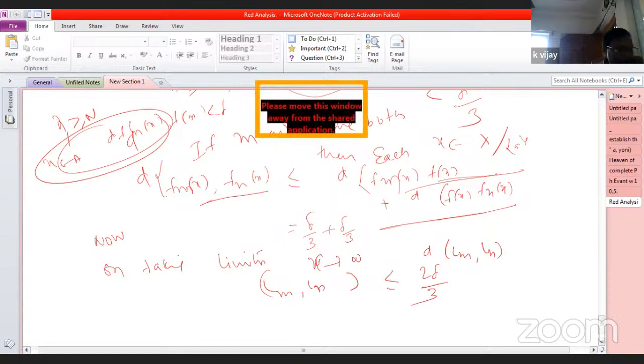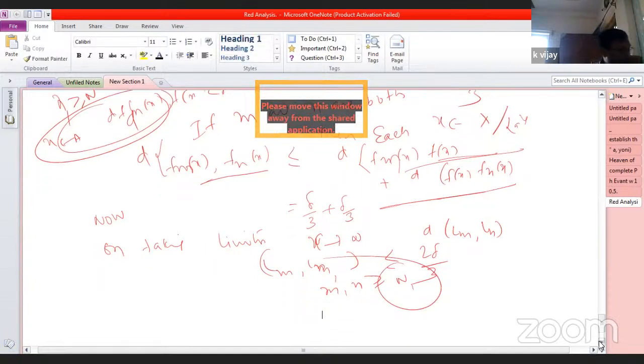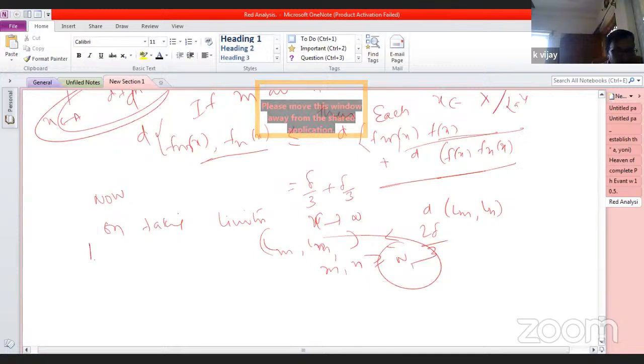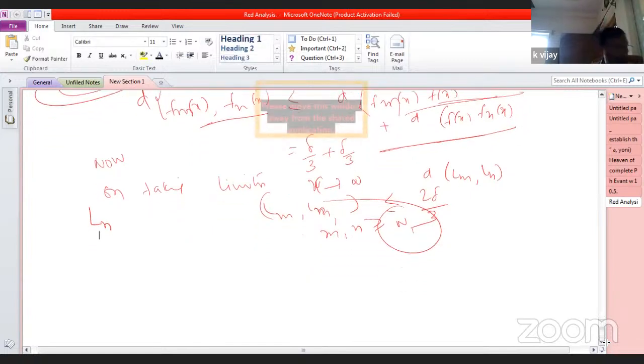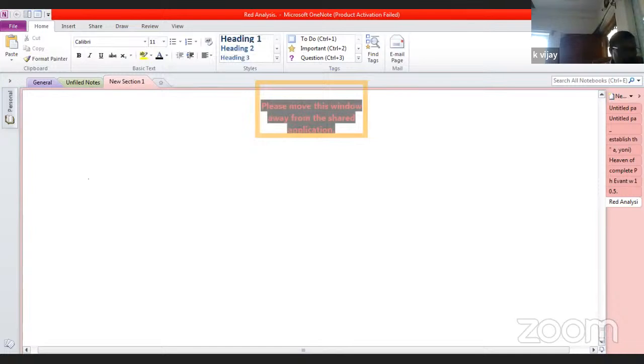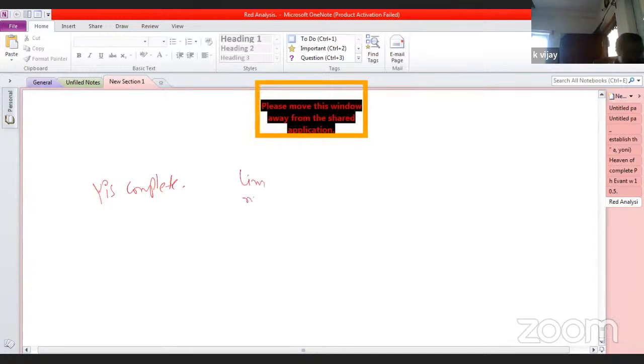That is for all m comma n greater than or equal to capital N. So here we are showing that the sequence of ln is a Cauchy sequence in y. So since y is complete, therefore the limit as n tends to infinity of ln is equal to L.